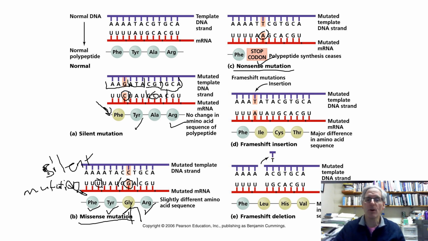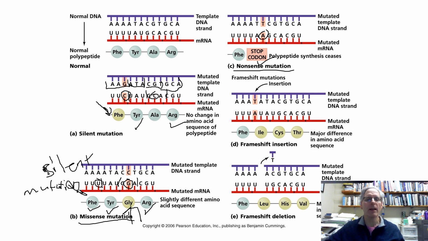That may not change the protein. However, if you add or take out bases that are not multiples of 3, you add 1 base, you add 2 bases, you add 4 bases, you add 7 bases, you add 5 bases, you take out 2 bases, you take out 4 bases, you take out 5 bases, 7 bases, and so forth. Now you change the reading frame.